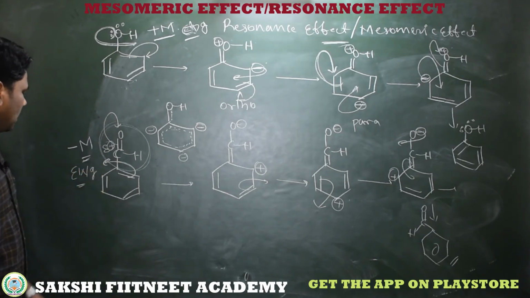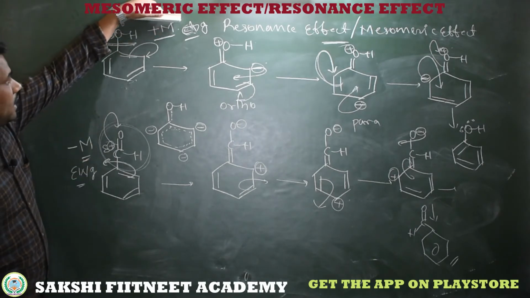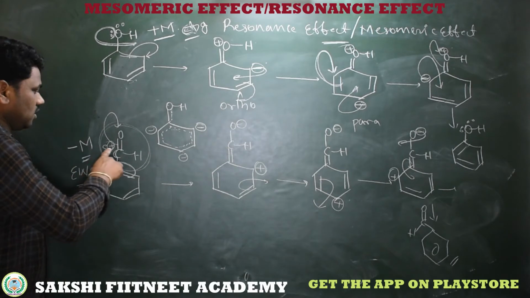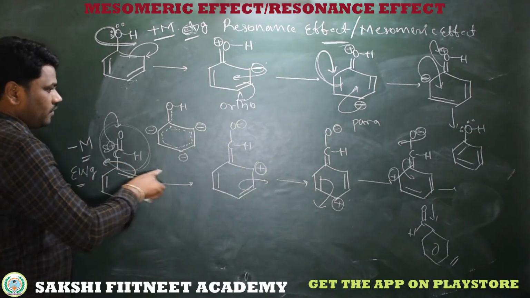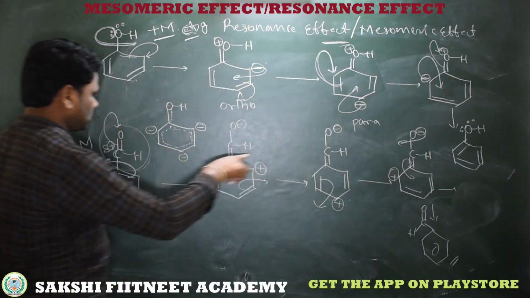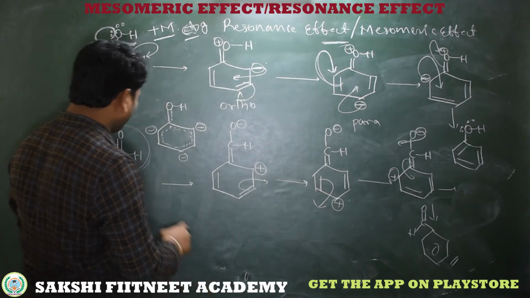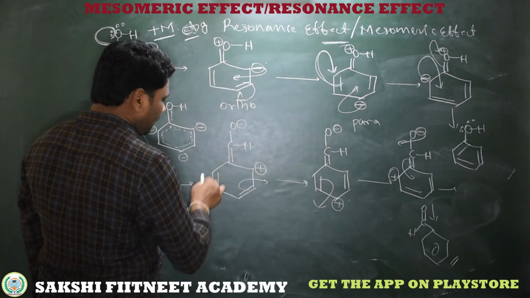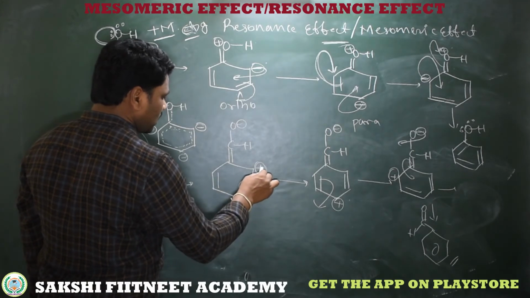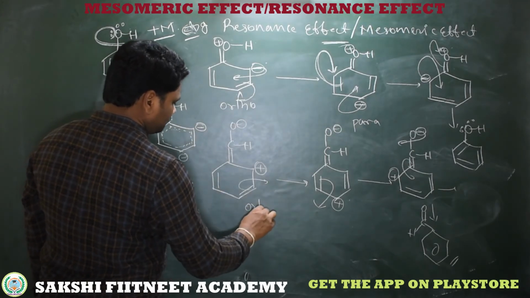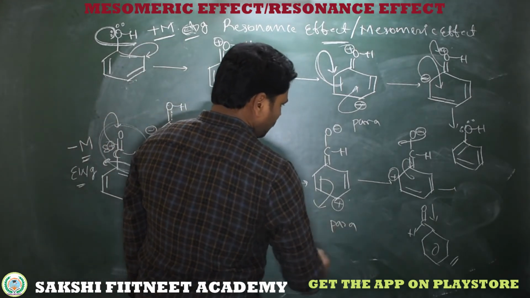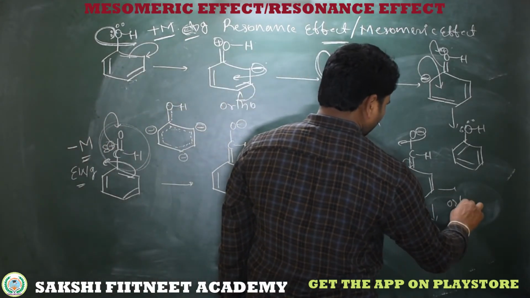EDG is electron donating group. So in the presence of a withdrawing group we got these resonating structures. In these resonating structures, in a benzene ring we are getting a positive charge at ortho, positive charge at para, positive charge at ortho.